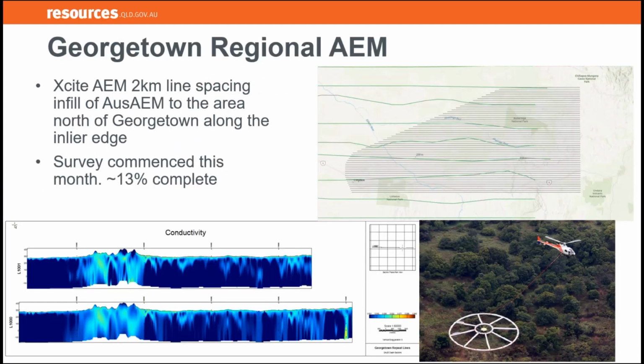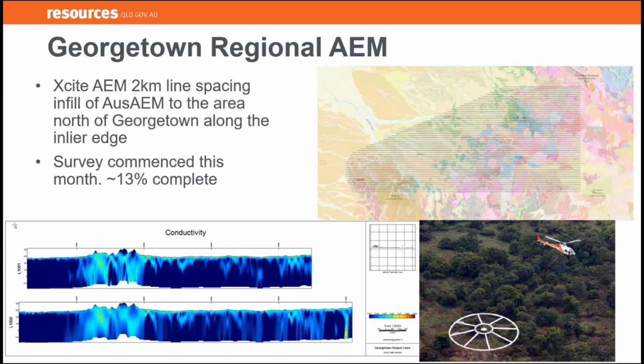Following the AusAEM, we've also flown a high-resolution Excite survey with NRG, a 2 kilometre line spacing infill on the AusAEM 1 area, north of Georgetown, in an area where we've got a bit of outcrop, subcrop, and some shallow covered areas.